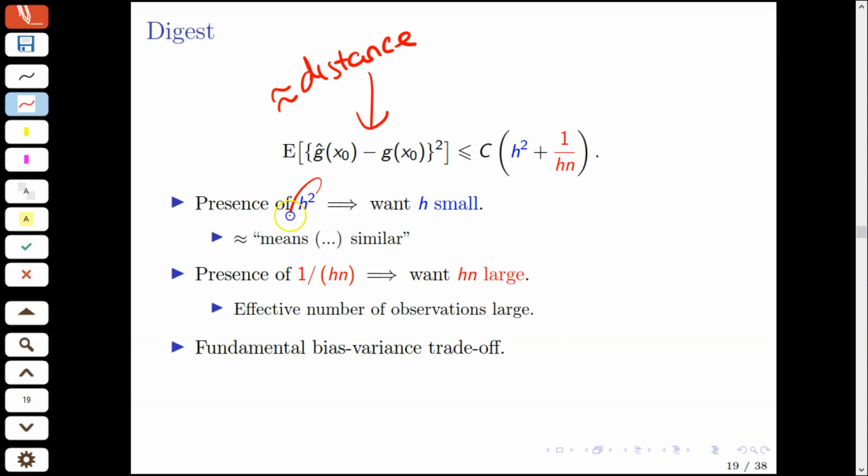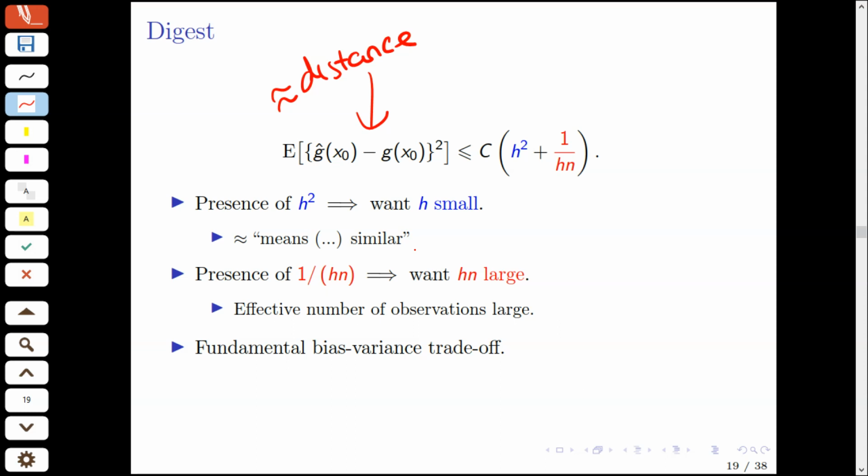Now the presence of the square of the bandwidth in turn implies that we would like to set h, the bandwidth, to be a small number. This goes back to our earlier intuitive condition that the means should be similar locally to our point of interest.